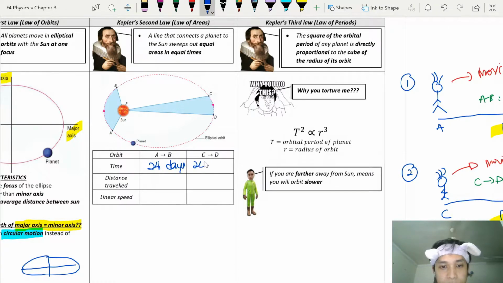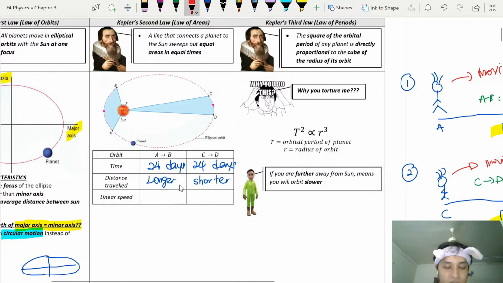Both have the same amount of traveling time. But from A to B, the distance that you travel is longer, whereas from C to D, the distance that you travel is shorter. So the big question here is why?